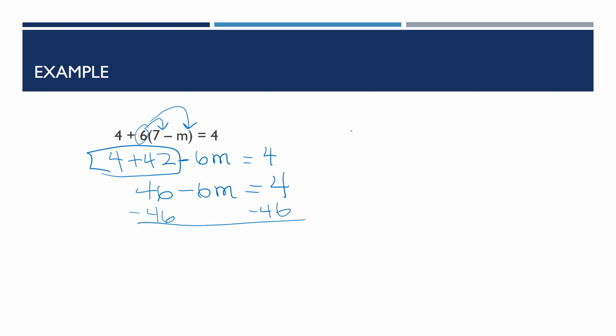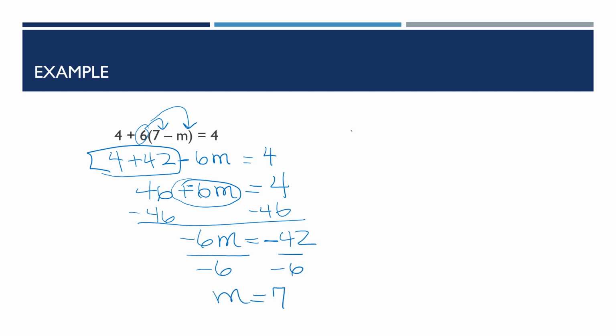And I'm going to get negative 6m equals negative 42. So remember that this goes with that. That's why it's still negative 6m. Again, it goes back to the subtraction is defined by adding the opposite. I'm going to undo this multiplication by dividing by negative 6, so m is 7.